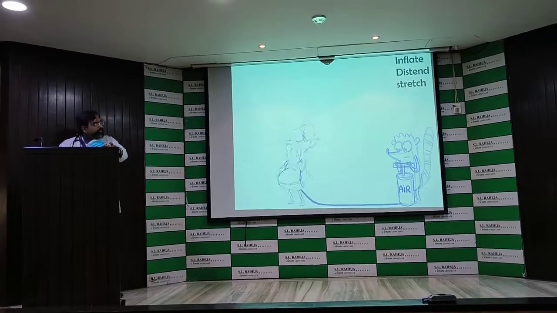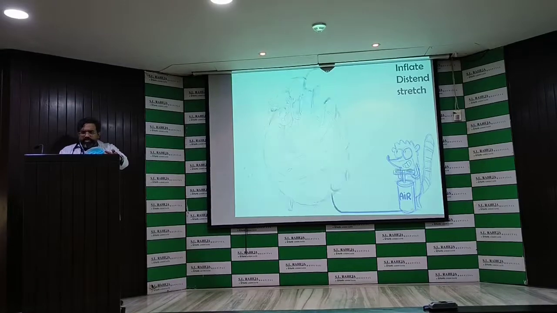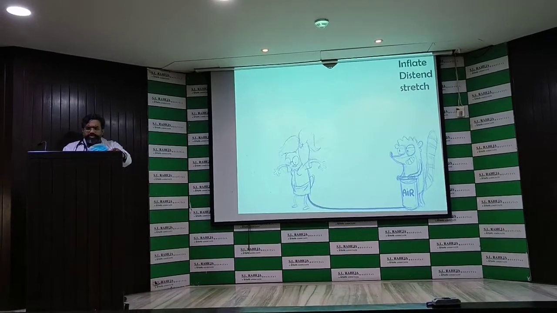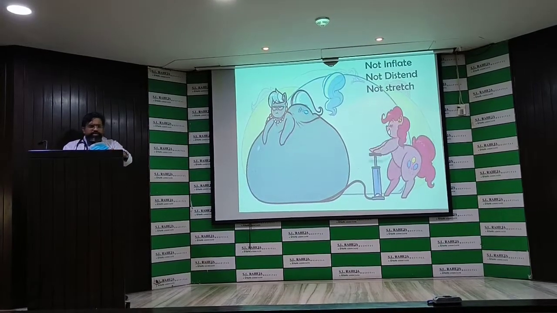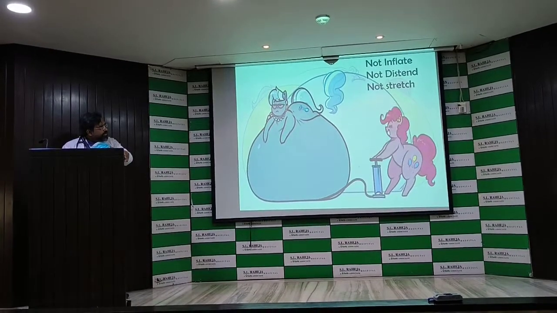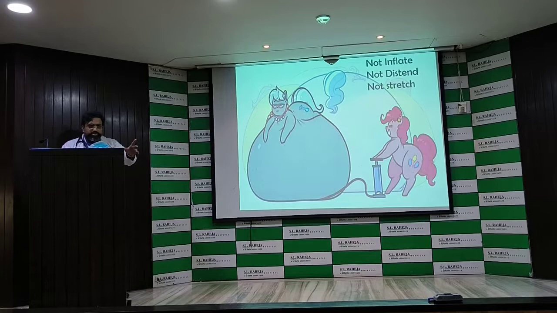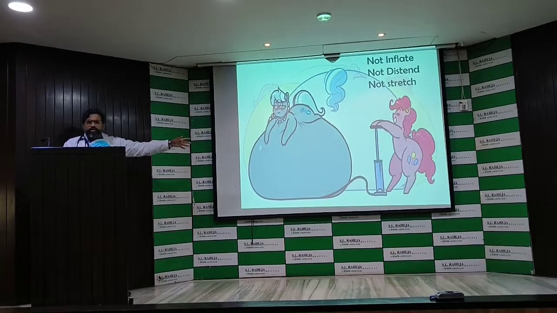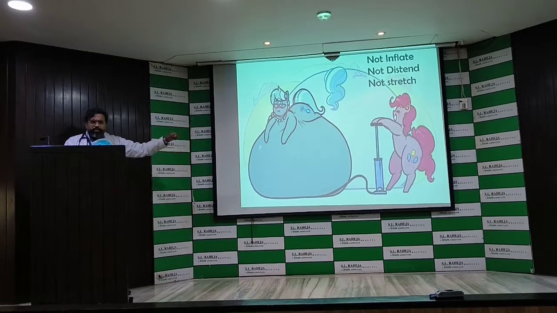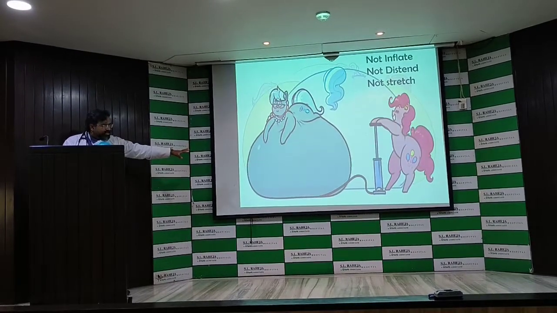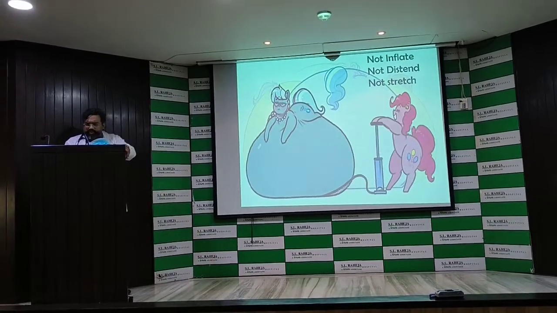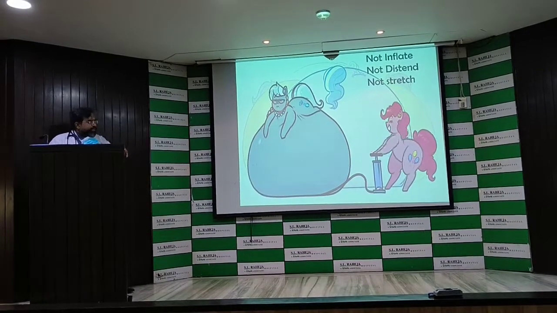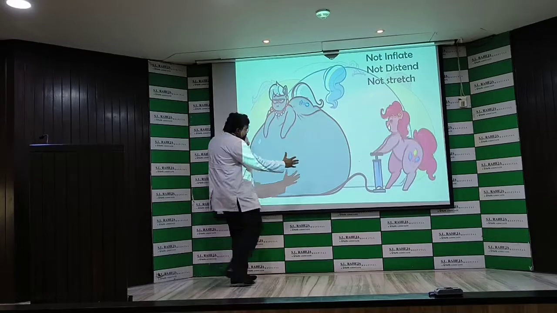So if you're not able to inflate, distend or stretch, then the compliance is low. It is not inflating at all, and the volume is not really changing with pressure. That's compliance.